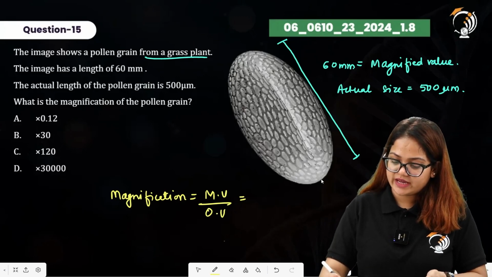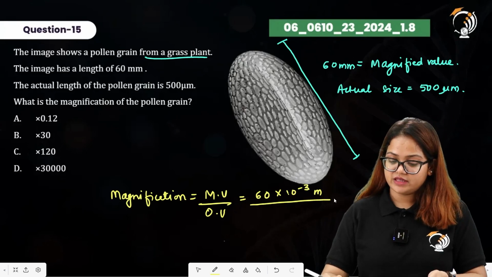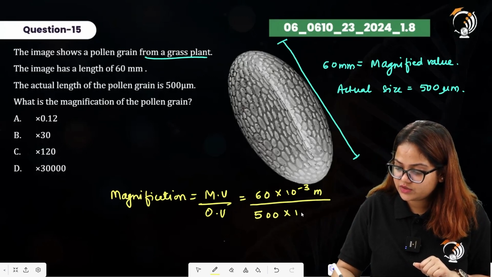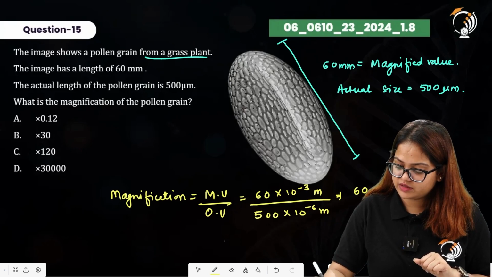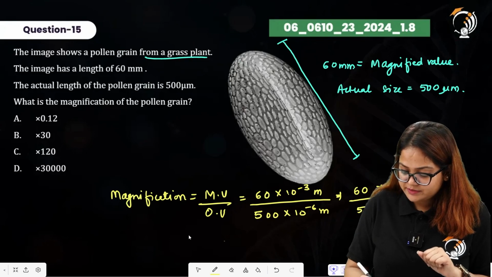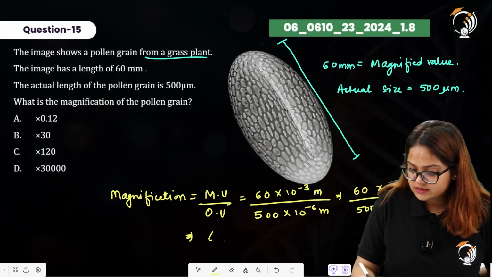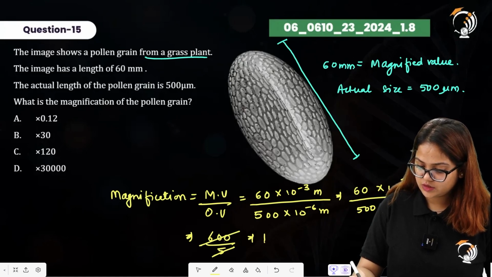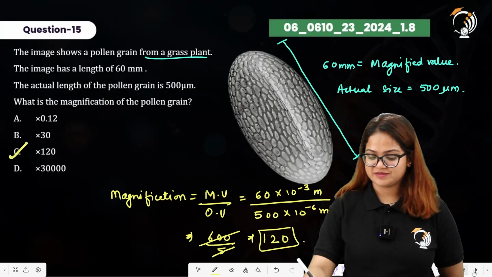We have the magnified value as 60 into 10 to power minus 3 meter. We have the actual size 500 into 10 to power minus 6 meter. So this is 60 into 10 to power 3 divided by 500, and this comes out to be 600 by 5. That is 120. Magnification comes out to be 120 times.